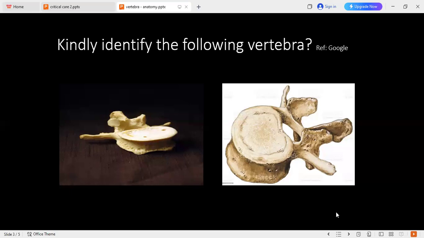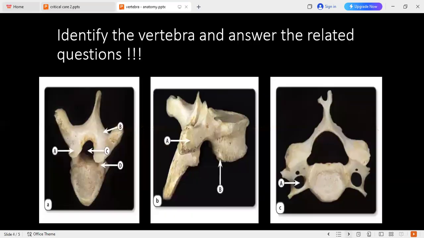Please identify pictures A, B, and C. Picture A, I think it's a thoracic vertebra. B, I think it's the sixth cervical.